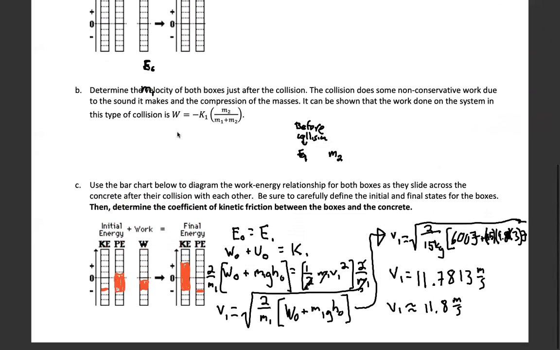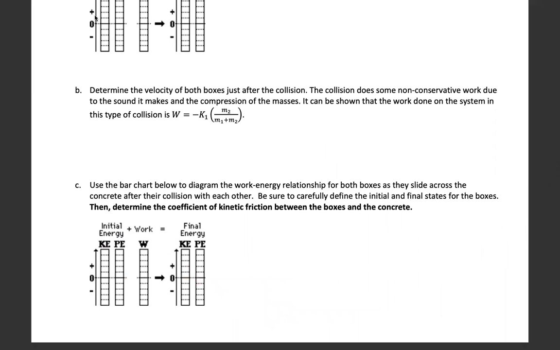So let's go down here to part B, and I'm going to just clear the screen. I'm just going to make a note that from our work, V1 was 11.7813 meters a second, in case we need the more accurate version later, and we'll just report it as 11.8 meters a second.